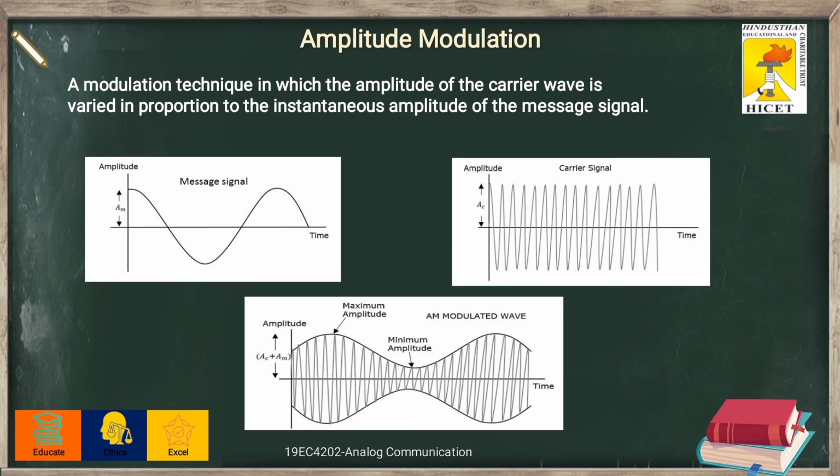So we get the resultant amplitude modulated wave in the bottom figure, where you can see that the envelope of the waveform has the shape of the message signal, whereas inside the waveform we have the frequency equal to that of the carrier signal. That is, the message signal is made to sit upon the carrier signal, and now the modulated signal will have the frequency of the carrier signal but the amplitude of the message signal.